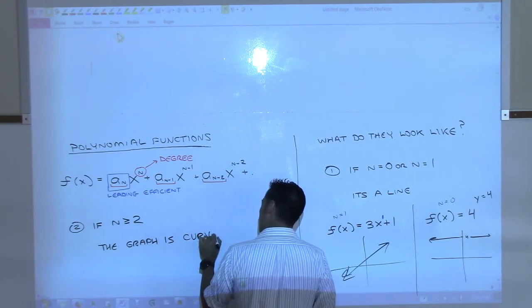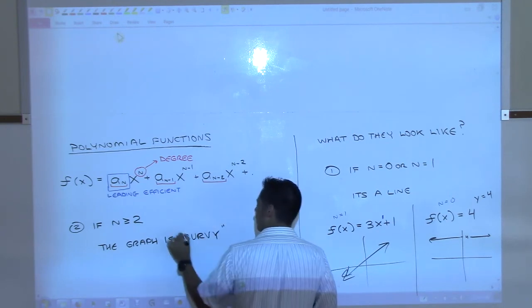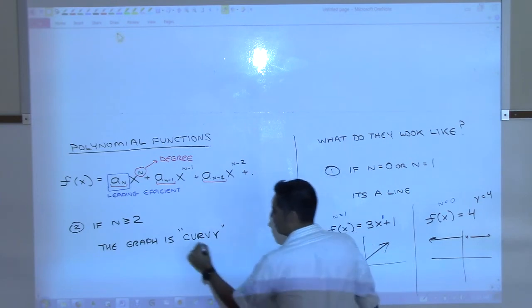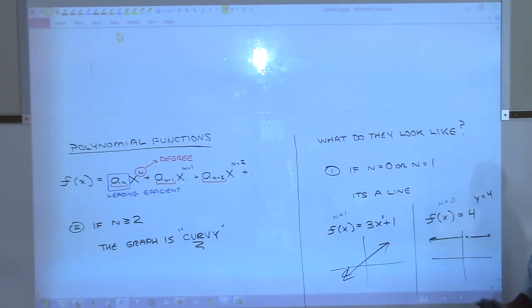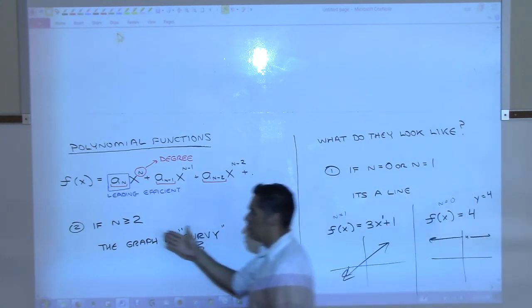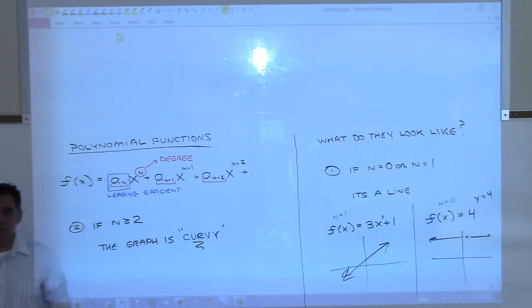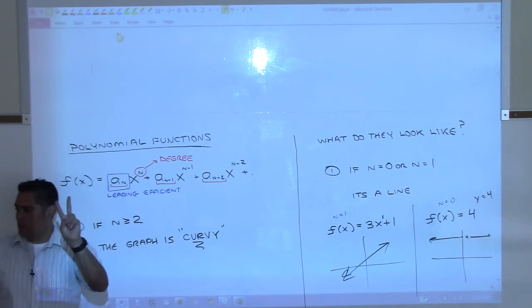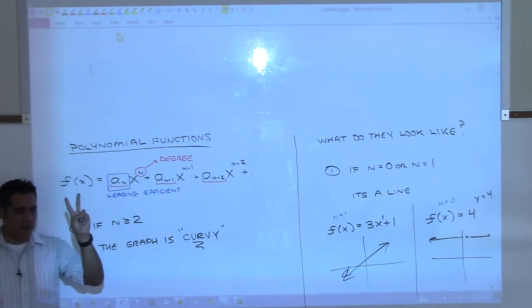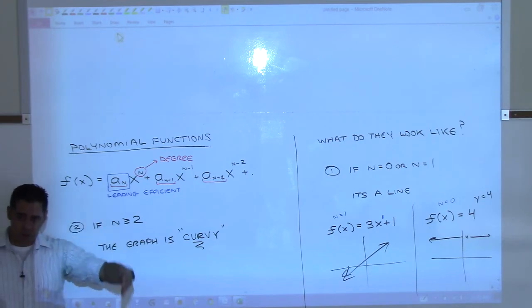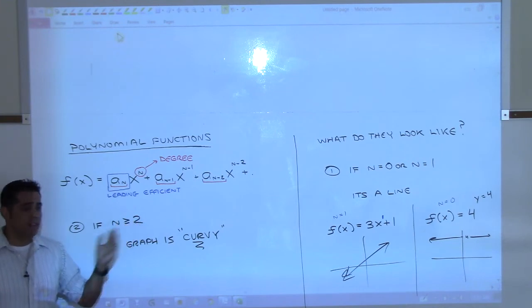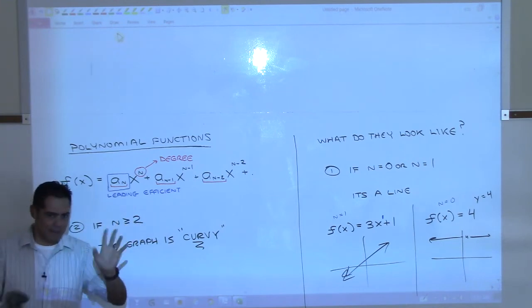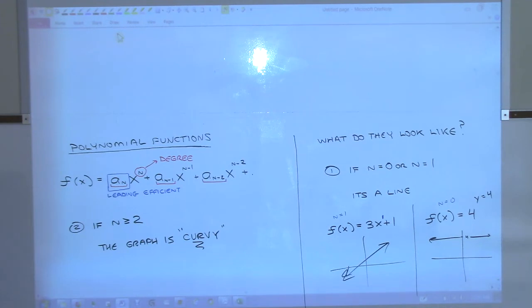I'm going to show you some pictures of these, but you're guaranteed that if n is greater than or equal to 2, your graph is going to be curved. Now, think about it. When n is 2, we're looking at a quadratic function, and we all agree a quadratic function is curved. But if n is 3 or 4 or 5 or 6, we're also going to have curves, but there will be more.